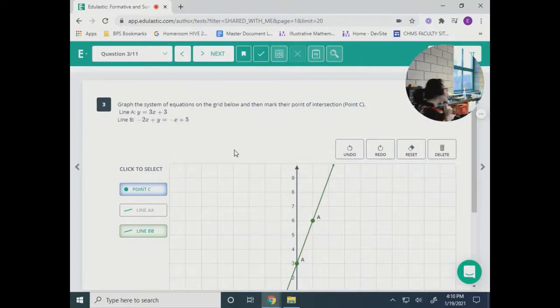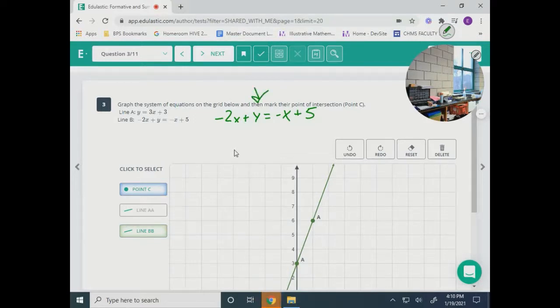Now, for equation B, I need to do some work with this. So I'm going to take it over here. You're going to do this on a separate piece of paper. Negative 2x plus y is equal to negative x plus 5. You could put this into standard form, but don't do it to yourself. Isolate to get this y by itself.